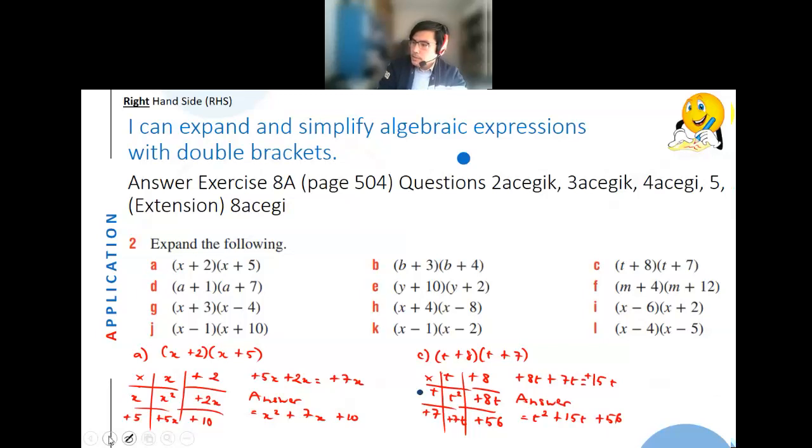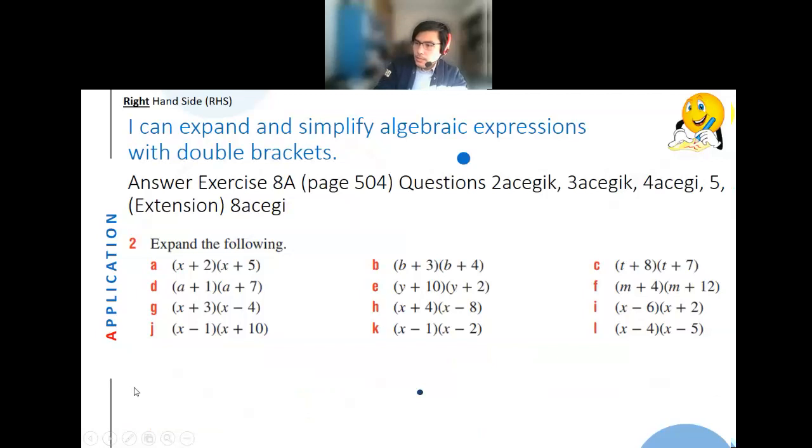Just going to get a new page here. So next we're going to do E: y plus 10 times y plus 2. So first pair of brackets, we've got y plus 10, and then second pair, we've got y plus 2.